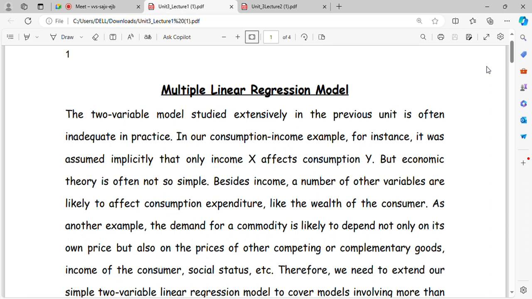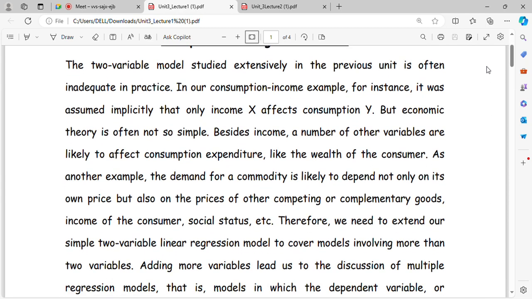As another example, the demand for a commodity is likely to be dependent not only on its own price but also on the prices of other competing or complementary goods, income of the consumer, social status, etc. This means that আমরা যে ধরে নিয়েছি, we assume that due to law of demand there is an inverse relationship between price and quantity demand, right? But this is very simple economic theory. There can be other factors as well which we assume to be constant can affect our quantity demand.